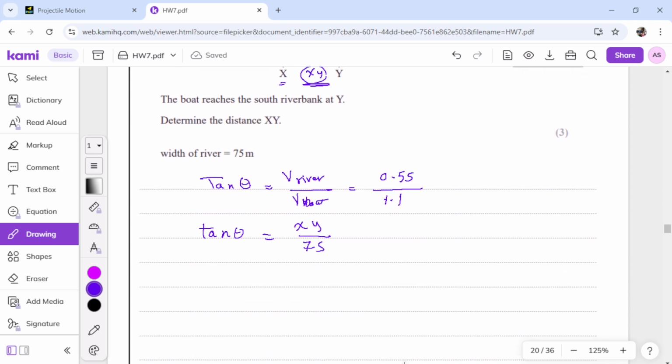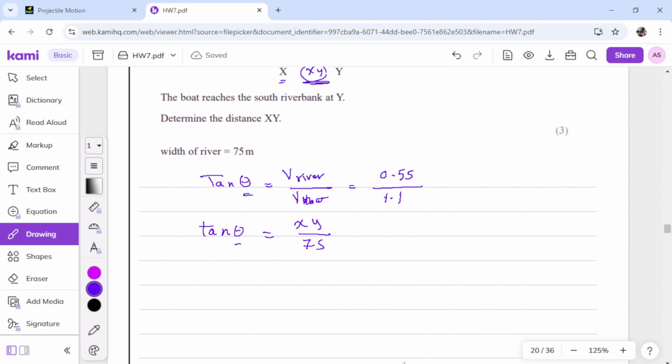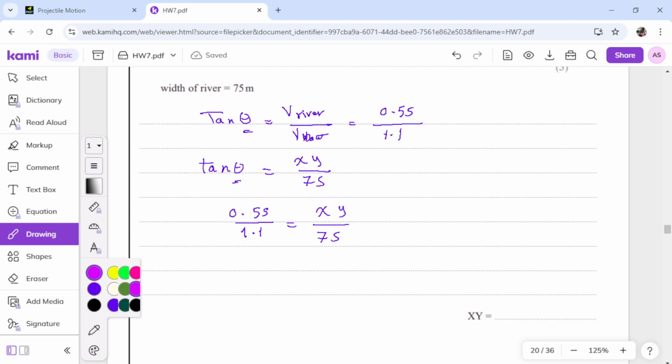Now because we are talking about the same angle, we can write 0.55 over 1.1 equals XY over 75. Now we use cross multiplication, so XY will equal 75 multiplied by 0.55 over 1.1.